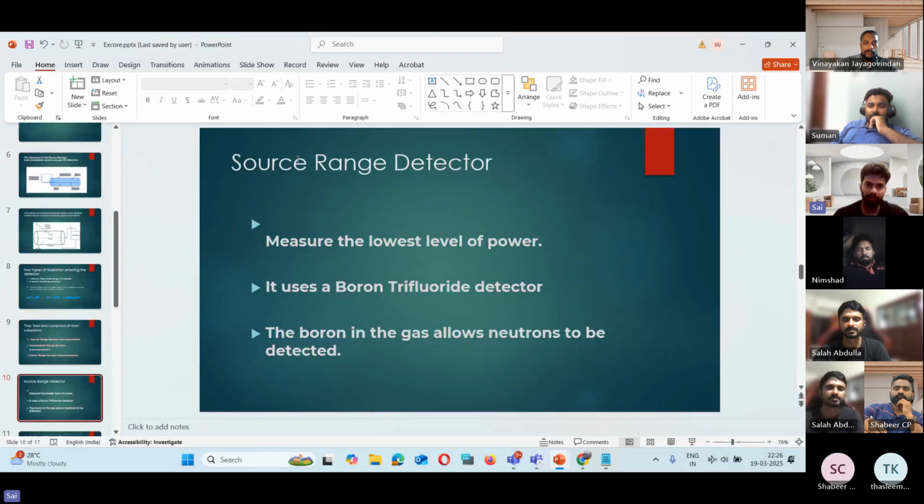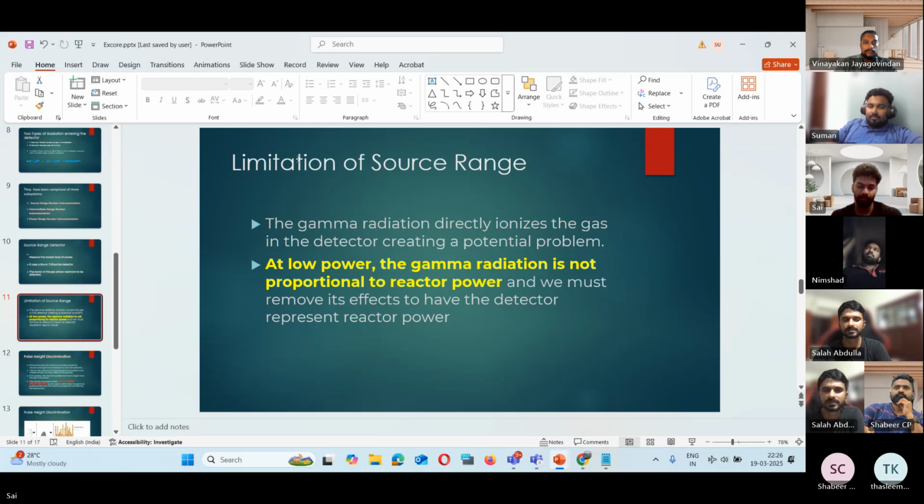And in the source range, the gamma radiation is not directly proportional to the power inside the reactor. So there is a limitation. The gamma radiation directly ionizes the gas in the detector, creating a potential problem. At low power, the gamma radiation is not proportional to the reactor power.